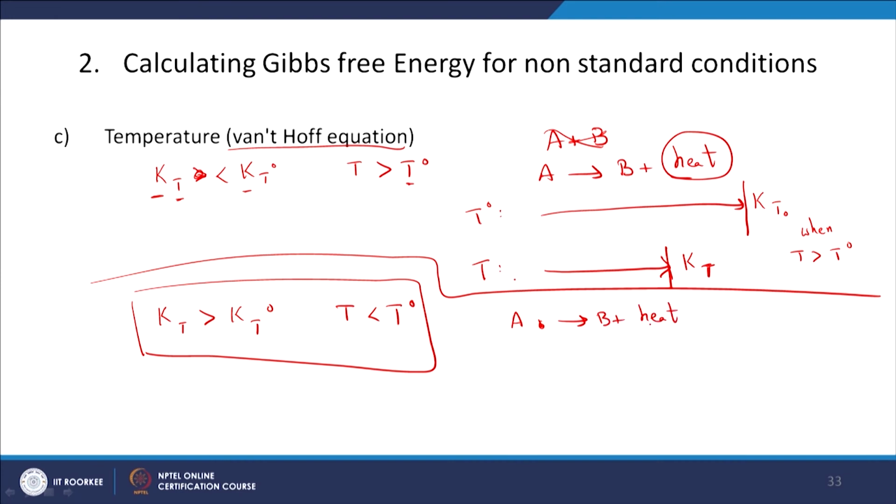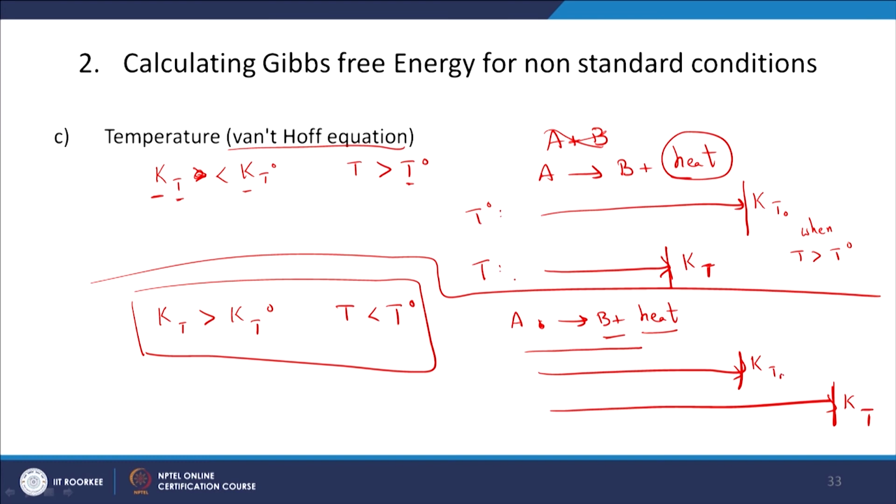Now let us say you are in dearth of your products, the temperature is lower. So instead of it going till KT naught, your KT is going to move, or the equilibrium is going to shift, to the right, because now you have lower temperature. So here you are going to have KT greater than KT naught and the equilibrium is going to shift to the right. Obviously if it is an endothermic reaction, you can do the relevant calculations and check accordingly.